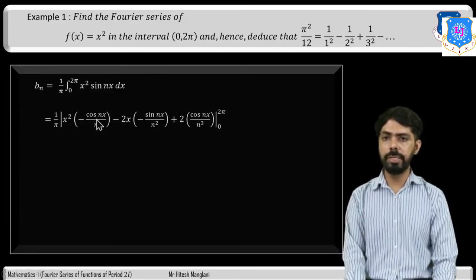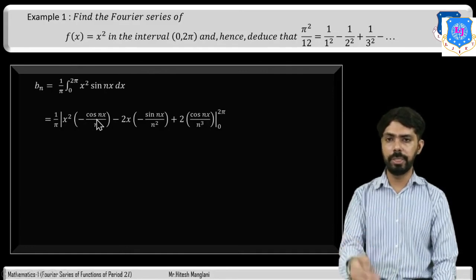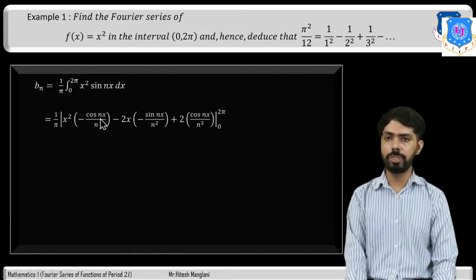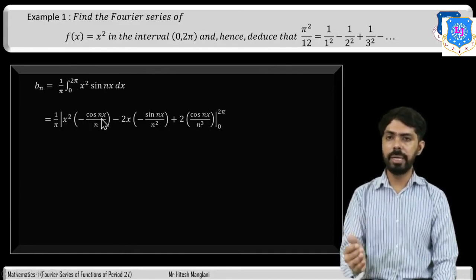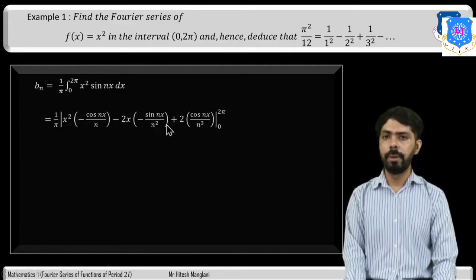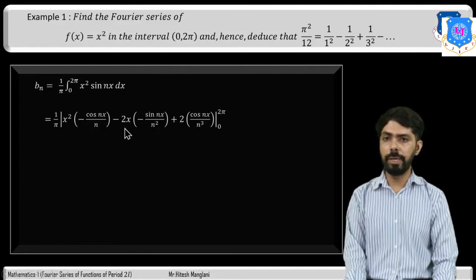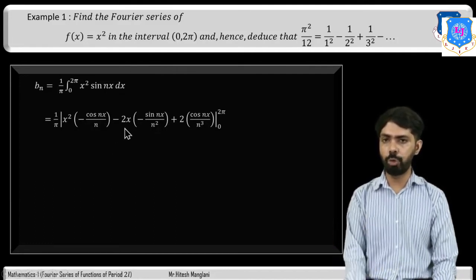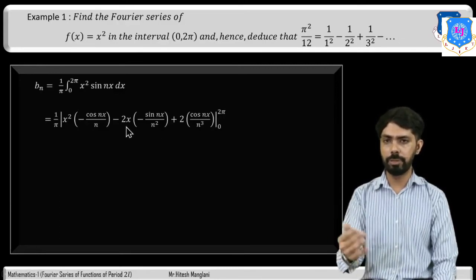So what is the integration of cos theta? That is sin theta. So here the integration of cos nx will be sin nx divided by n. But here already it is n, so n into n will be n square, so here it will be minus sin nx divided by n square. Plus, now we will take the derivative of 2x. The derivative of 2x with respect to x will be 2, because the derivative of x is 1.